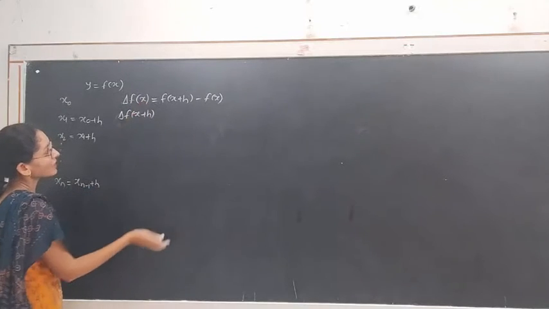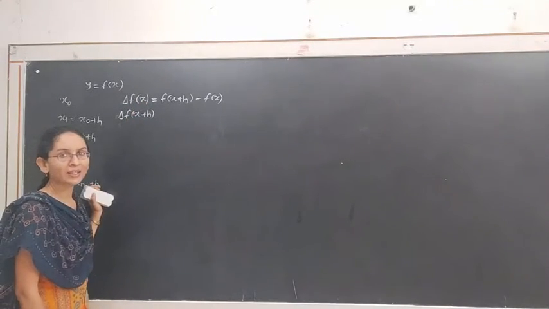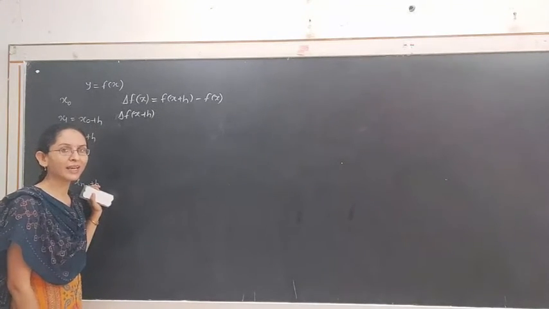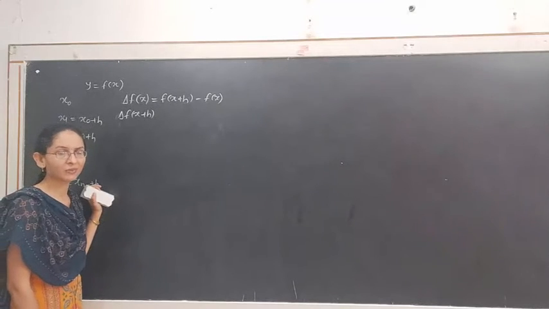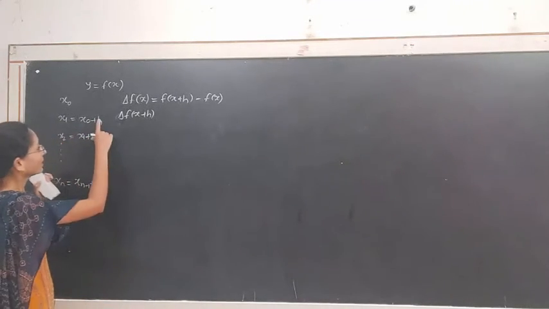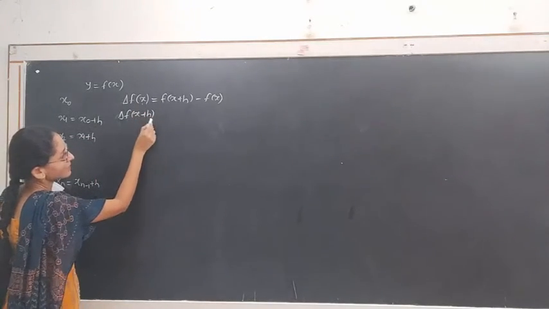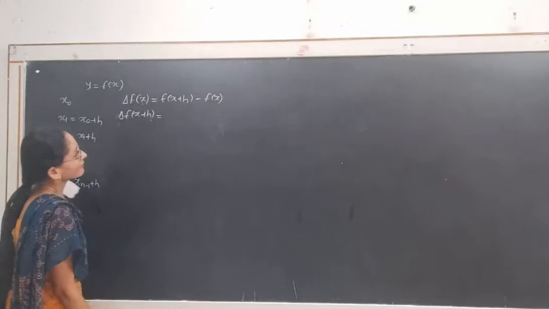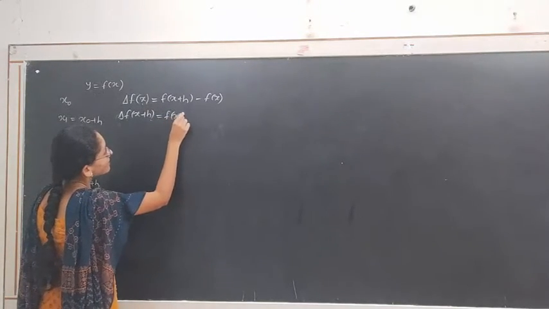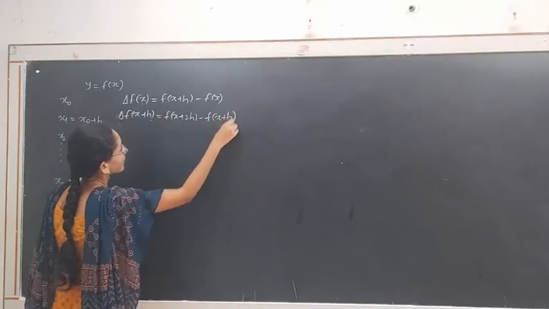The next value of x is x plus h, obtained by adding h to the previous value of x, because the difference between any two consecutive values is h. Hence, the point next to x is x plus h, and del f of x plus h is equal to f of x plus 2h minus f of x plus h.